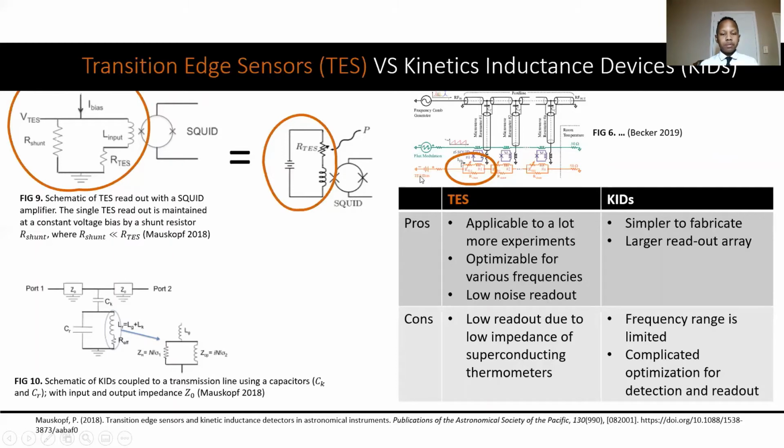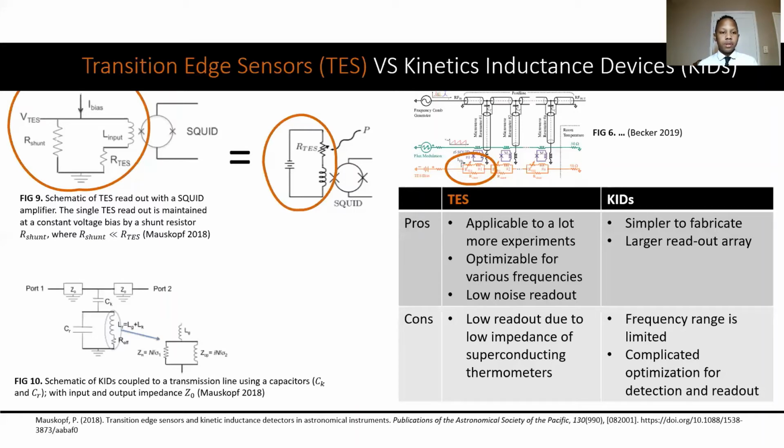And the primary difference, and the reason why the TES is being used in the MUMOX compared to the KIDs, is that it's a lot more applicable in a lot of experiments, and it's much easier to optimize. It just has to vary the frequency and have a low noise, which is essential to the quantum effects required to make sense of this data.